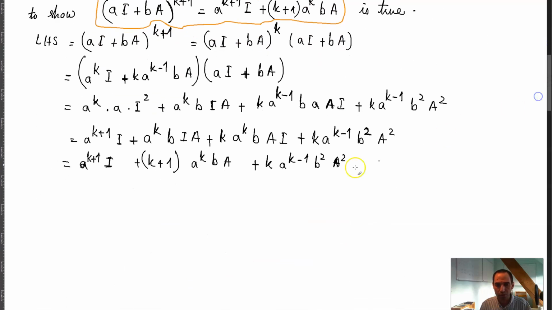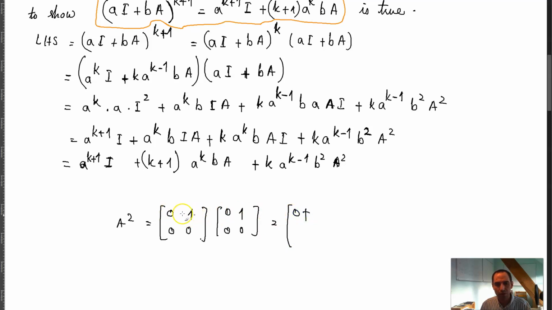You see over here, if you calculate A squared, you will have basically 0, 1, 0, 0 times 0, 1, 0, 0, and you will have basically 0 times 0 is equal to 0, and 1 plus 1 times 0 is equal to 0, and then 0 and 0, and then 0 and 0. So you will end up with the zero matrix. So this whole thing becomes 0, right?